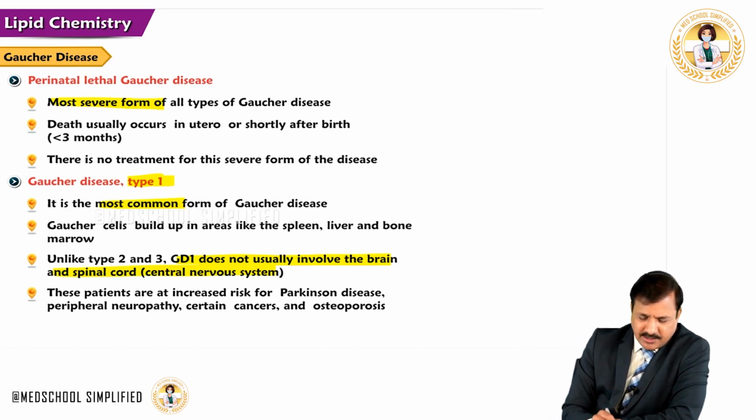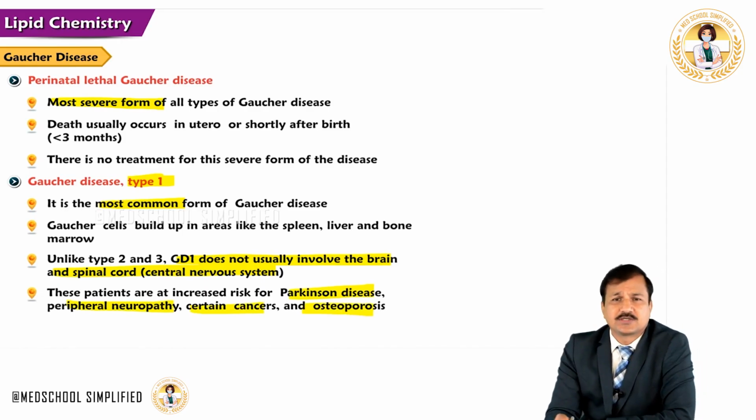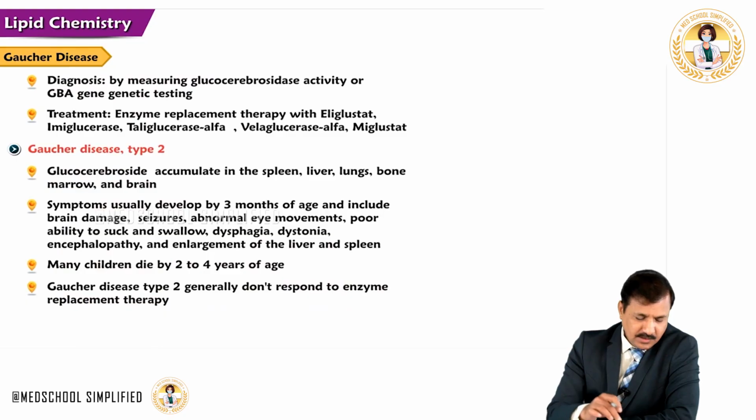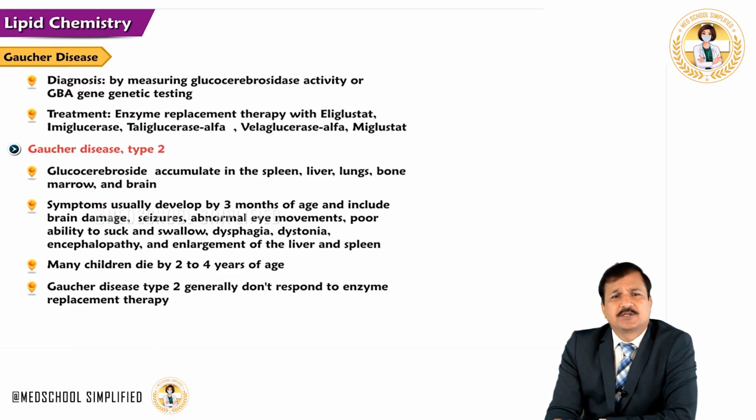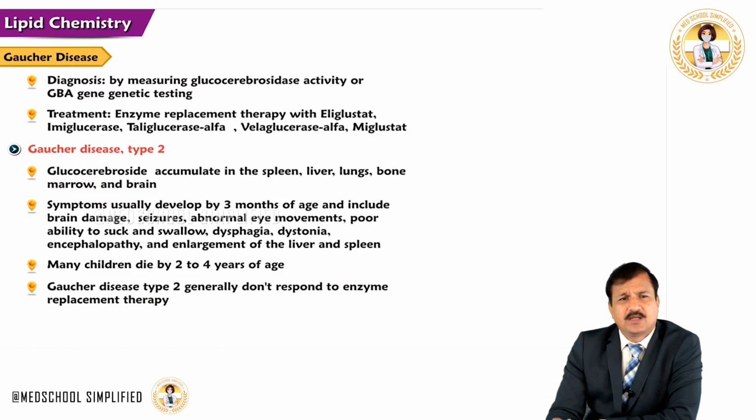These patients are at increased risk of Parkinson's disease, peripheral neuropathy, certain cancers, and osteoporosis. Diagnosis is by measuring glucocerebrosidase activity or GBA gene genetic testing.